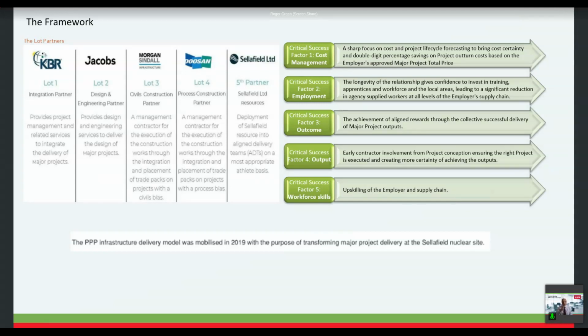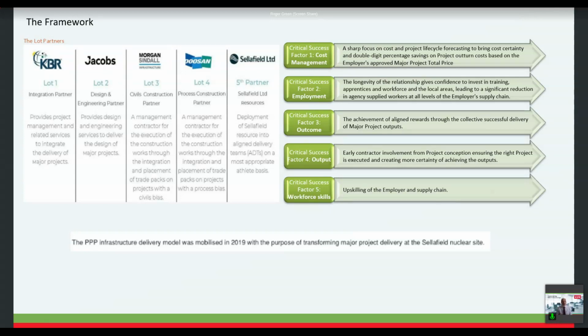Obviously they have a part to play in that organisation. The PPP is an infrastructure delivery model that was mobilised in 2019, so we have been going for some time now. Its purpose, as you can see, was to deal with major project delivery at Sellafield.